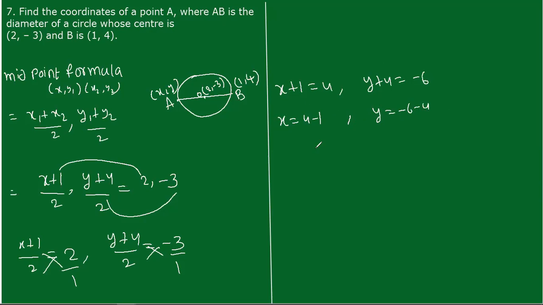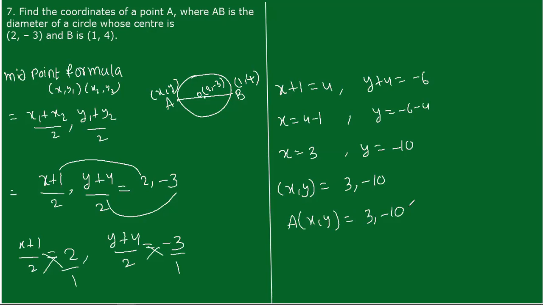So x value is 3 and y value is minus 10. So finally the point x comma y is 3 comma minus 10. So I can write the point is 3 comma minus 10. Okay, students.